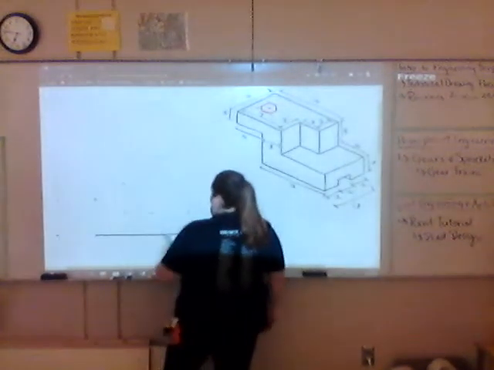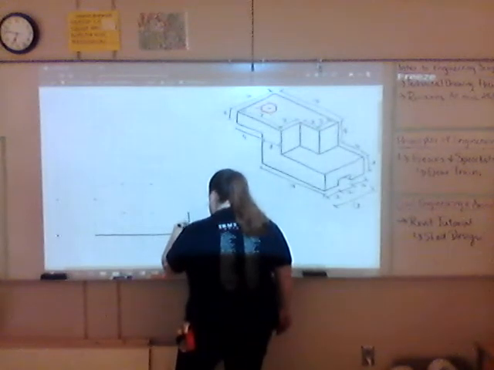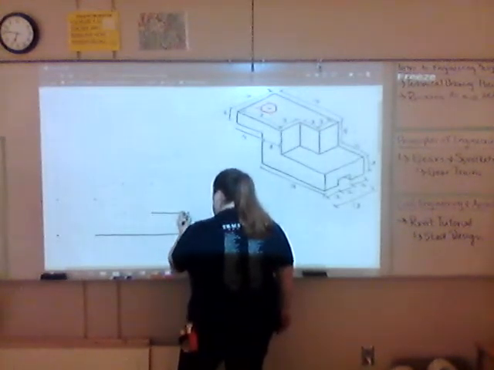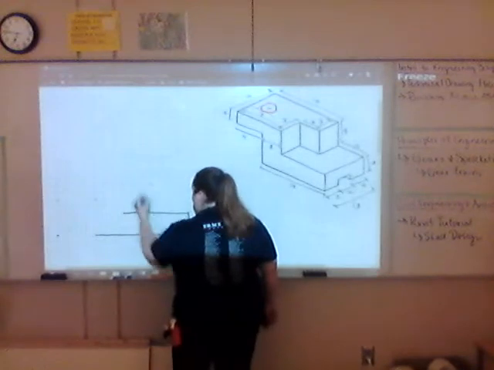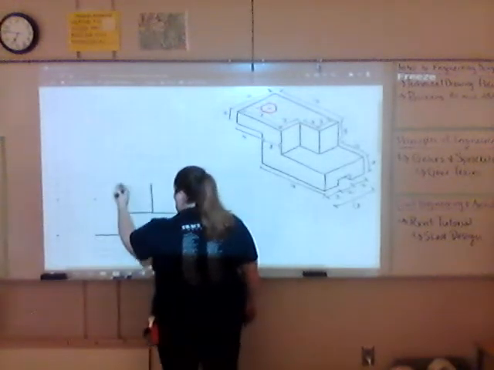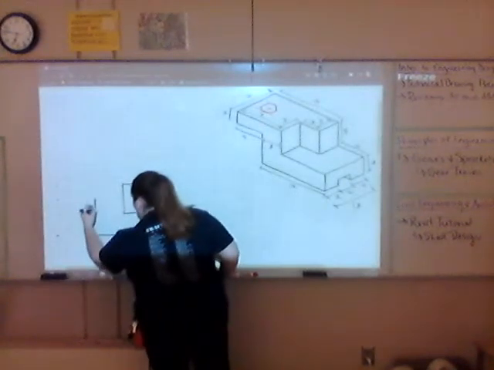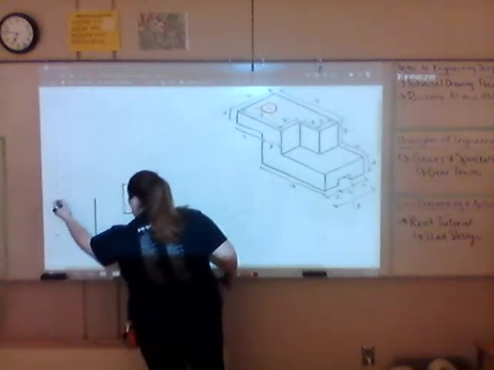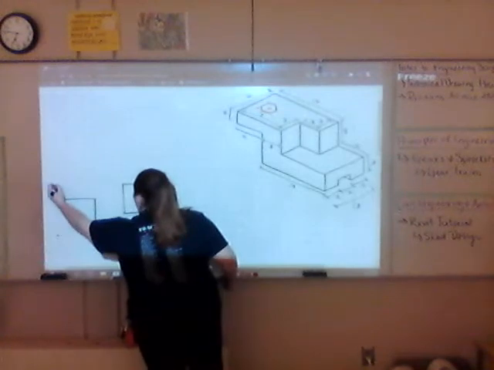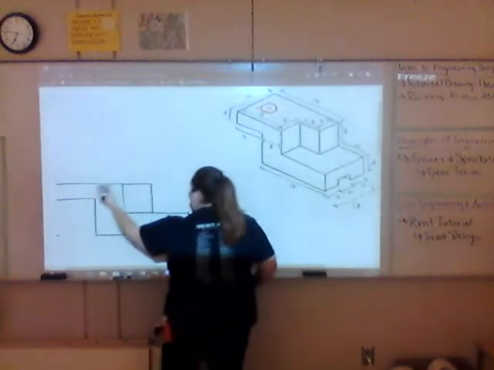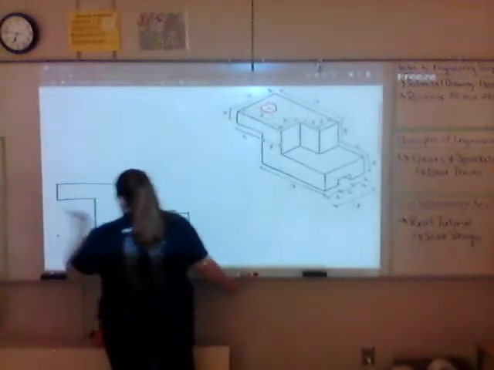It's going to line me up with that left-hand side of that line, and just filling this all in, we're going to have this in terms of object lines. Okay, so this right here.